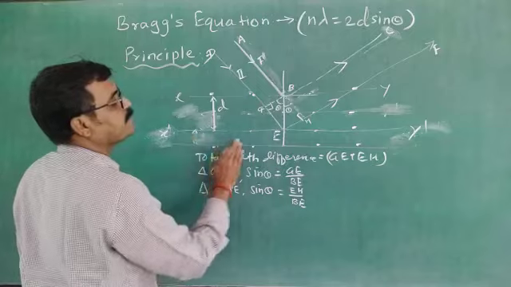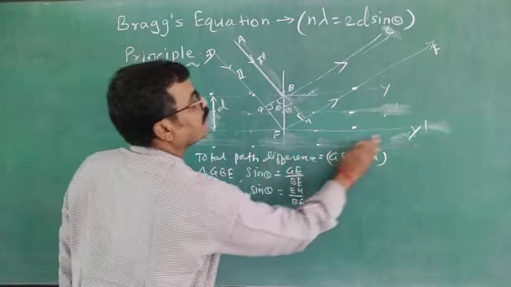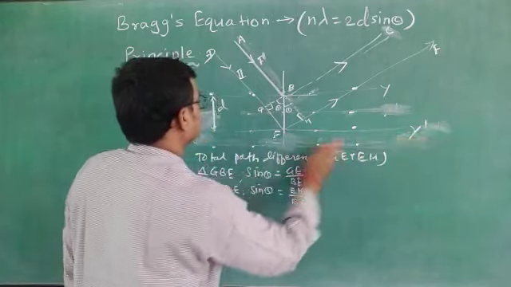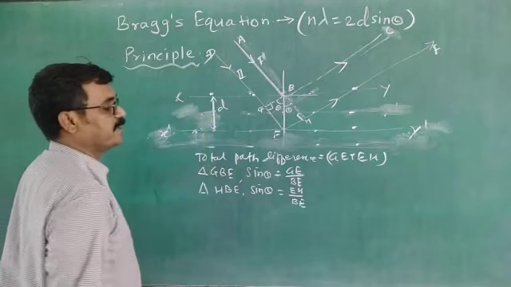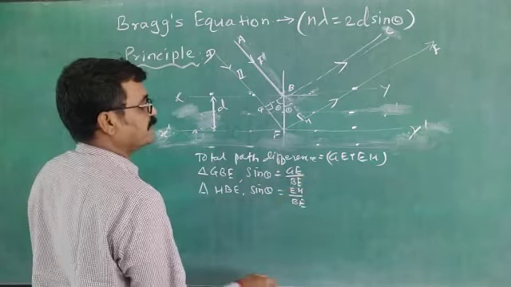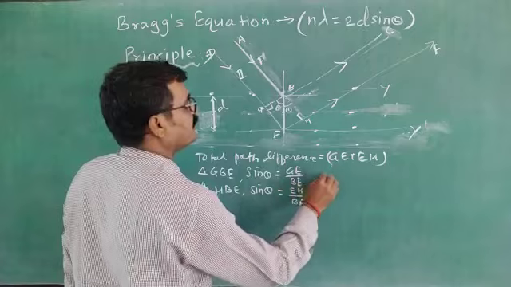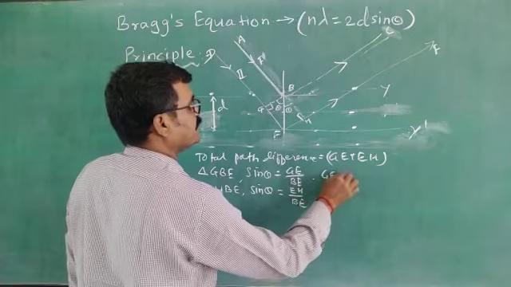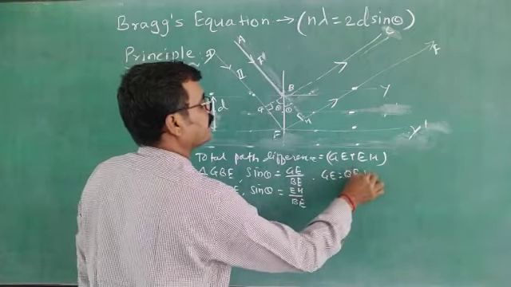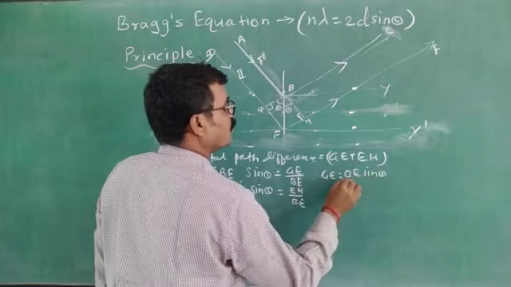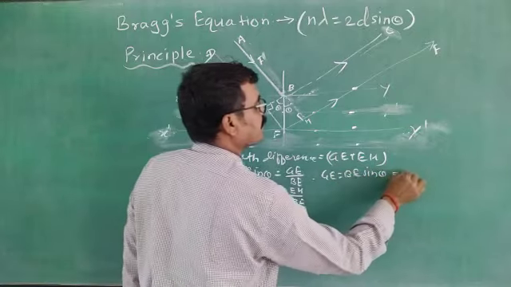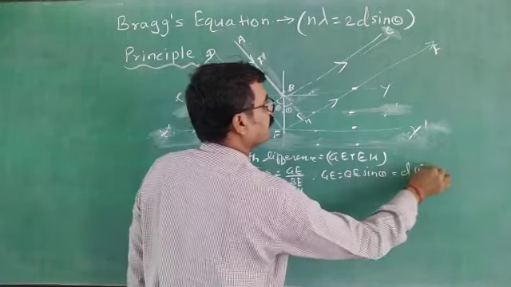This plane is the same, that's why BE equals d. Now what is the value of GE? GE equals BE sine theta, and BE sine theta is nothing but d sin theta.